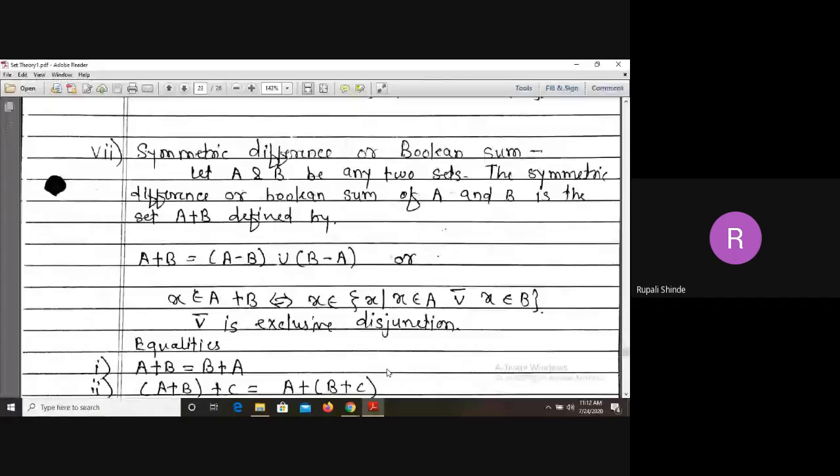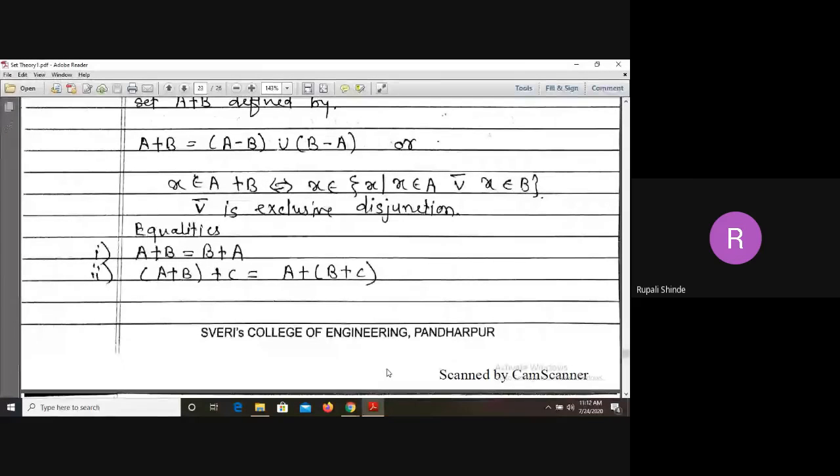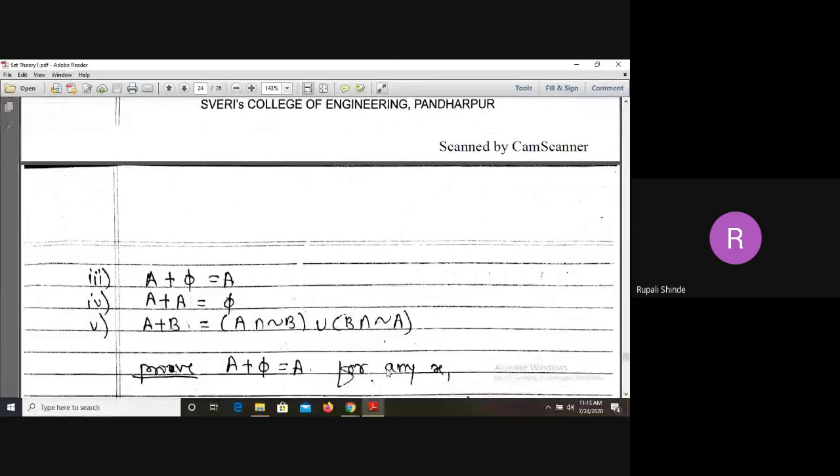Now take down these equalities. So there are a total of 5 equalities for this Boolean sum.